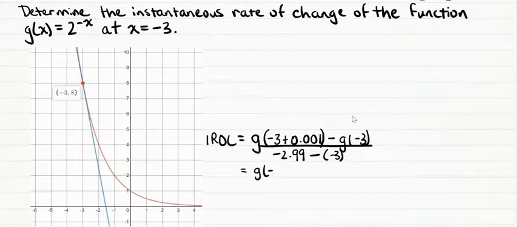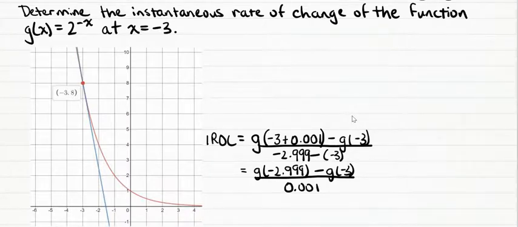In other words, we're looking for g of negative 2.999 minus g of negative 3 over, and if we do this subtraction, negative 2.999 subtract negative 3 gives us 0.001, which was the size of that small value that we're adding to get the interval for where we're calculating our slope.